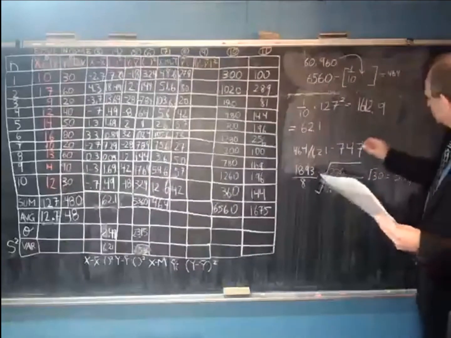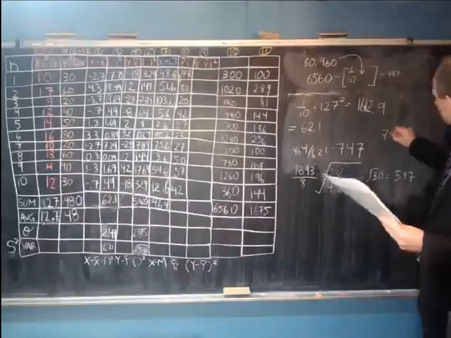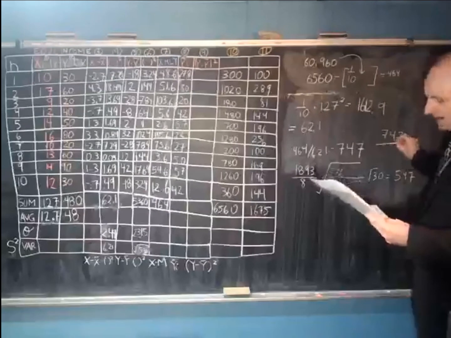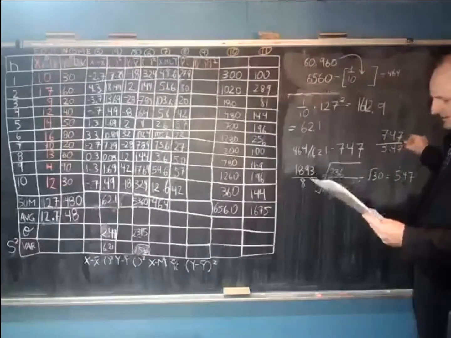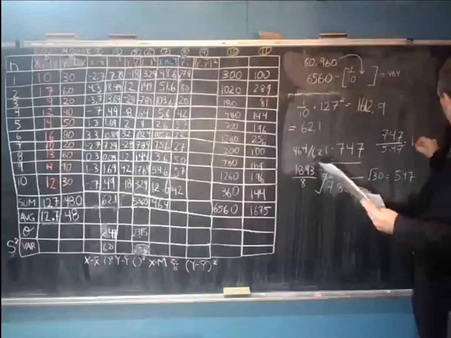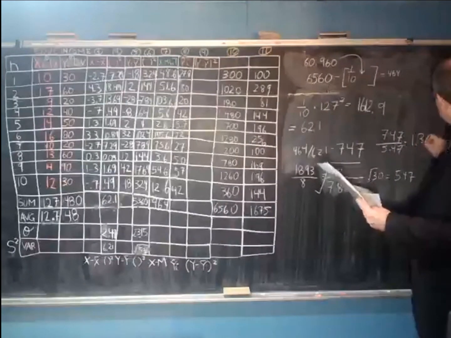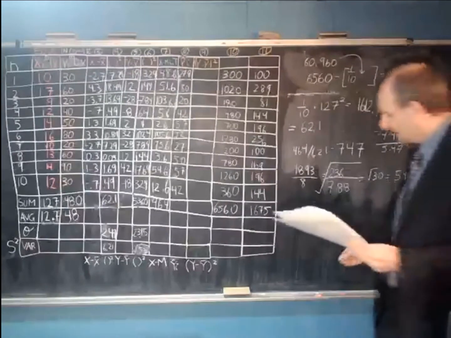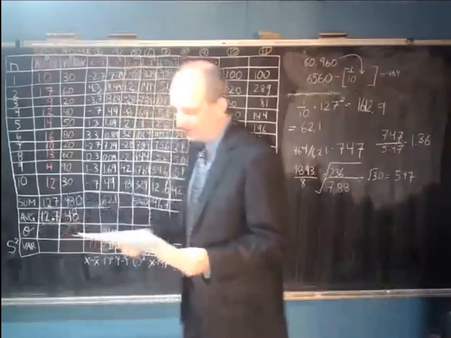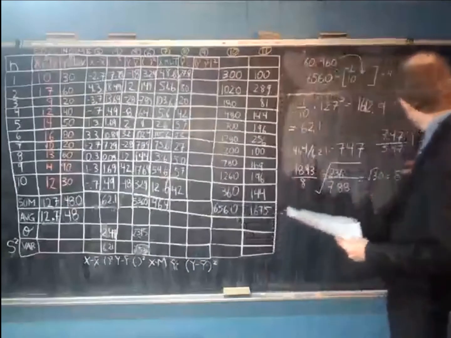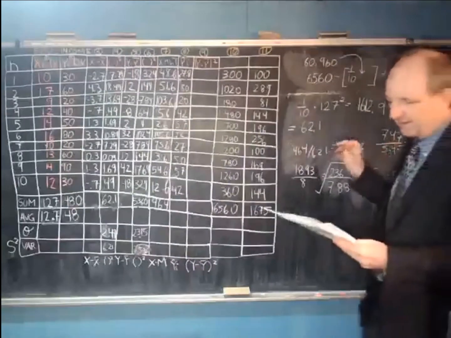So it's going to be 7.47 divided by 5.47, and this number is going to be 1.36. So what are we going to do with this number? This is the critical t-statistic that we just generated.